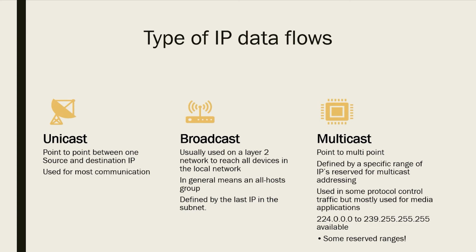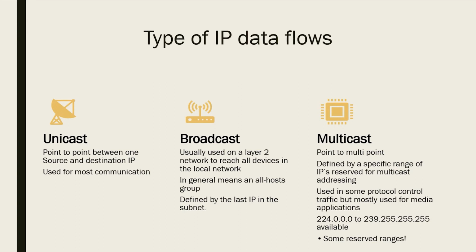We then have multicast, which is obviously the topic of today's talk, and that is all about point to multi-point realistically. Now there are additions where multiple devices can send traffic to the same group, and then that could go to multiple end devices. But in general, it is one host to a specific group, which then maps onto multiple end devices.